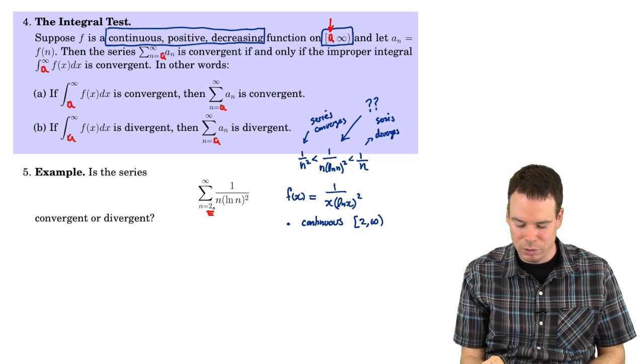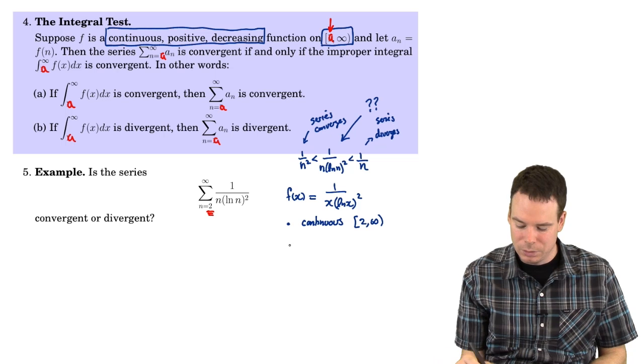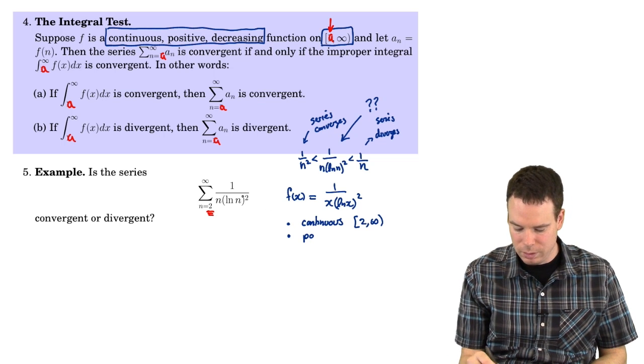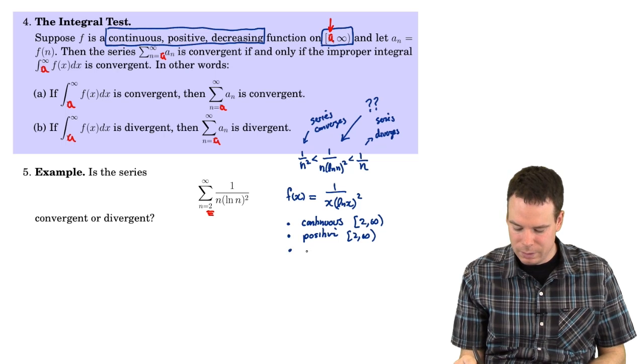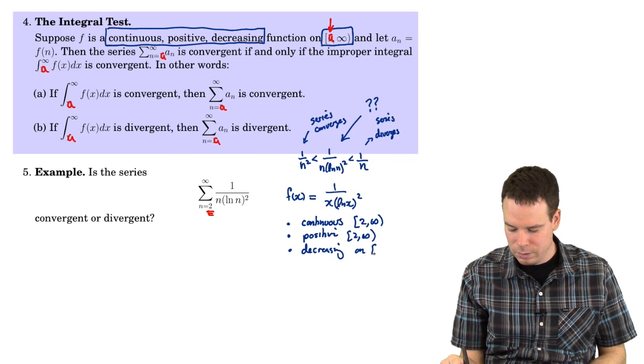That's really why we're starting at 2, because there are problems at both 0 and 1. Is it positive? Certainly. n is positive, ln of n squared is positive, the reciprocal would be positive, so it's certainly positive on 2 to infinity. Is it decreasing on 2 to infinity?